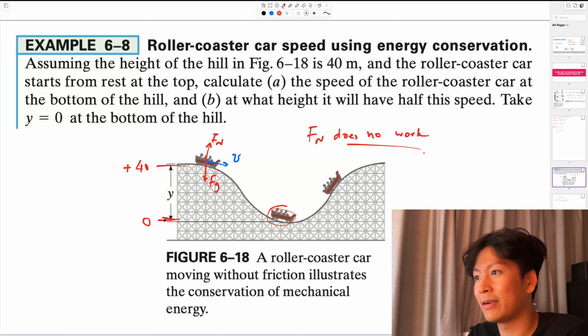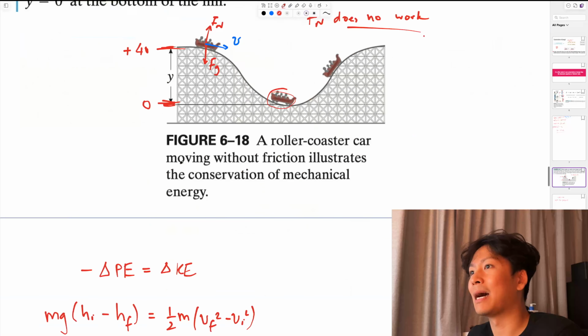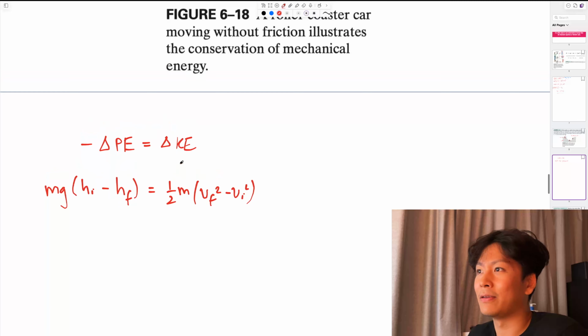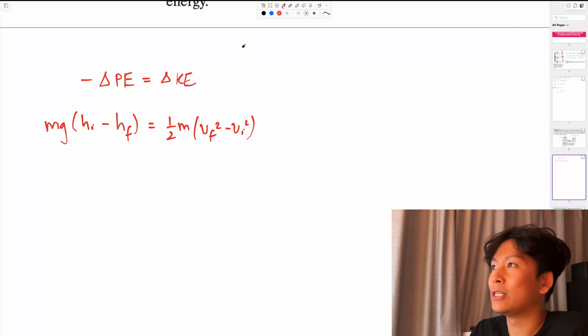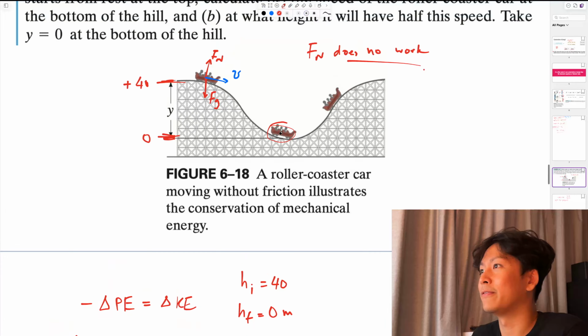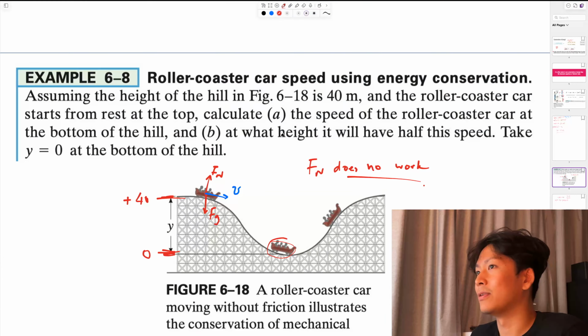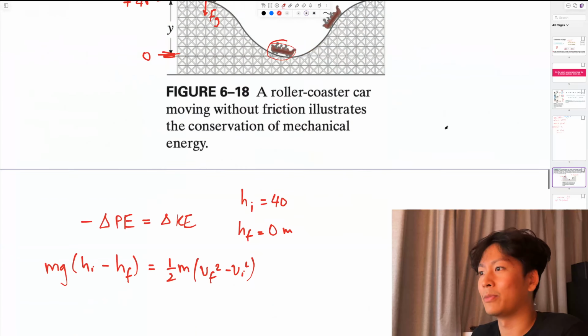So I'm going to start 0 at the bottom, and then the top is 40 meters up. So my initial height is 40, and my final height is 0, because that's when it's at the bottom of the ramp. That's what I'm looking for.